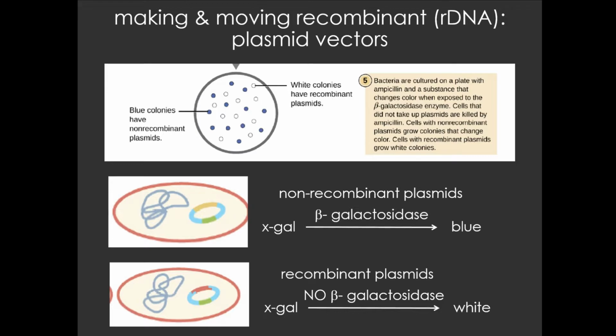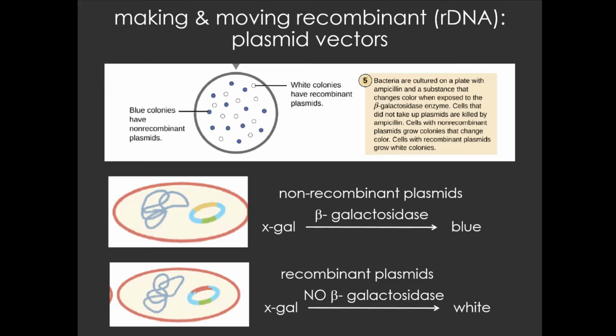You might remember that beta-galactosidase is involved in the catabolism of lactose. It's part of the lac operon, and it codes particularly for an enzyme that breaks down lactose into glucose and galactose. So when this enzyme is present, the cell will be able to break down lactose.